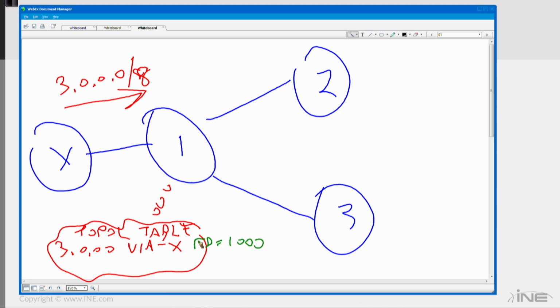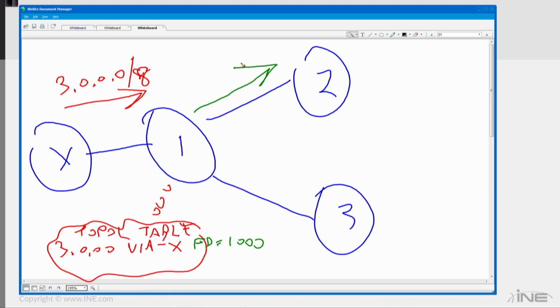That's my feasible distance. Now at this point, router 1 advertises that route to router 2. He's going to advertise it to router 3 as well, but for now, let's just say that we're looking at this snapshot in time just after he sent the routing update to router 2.